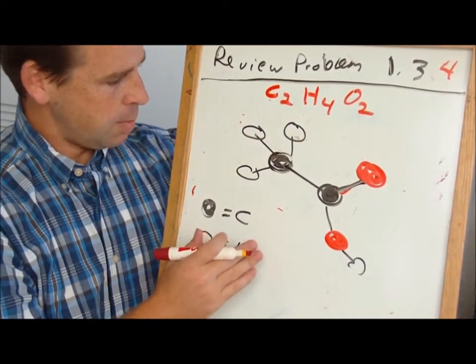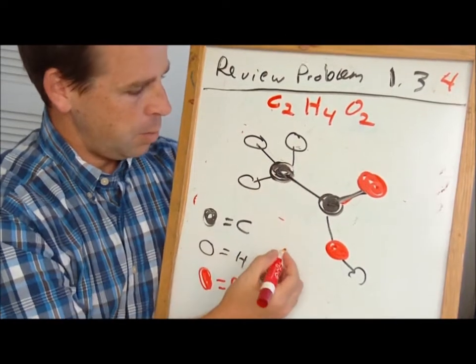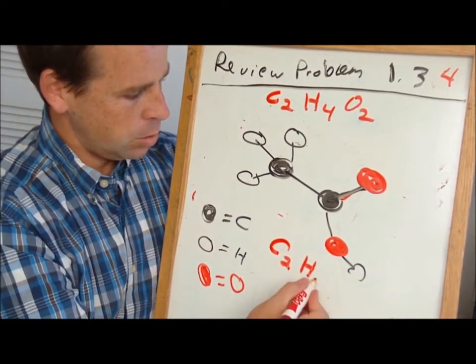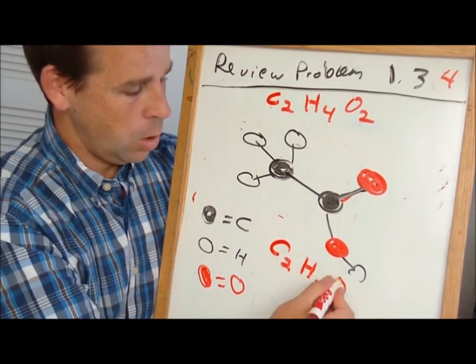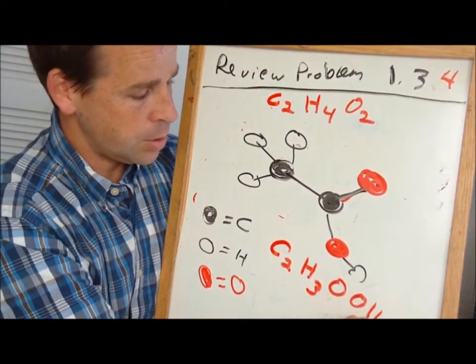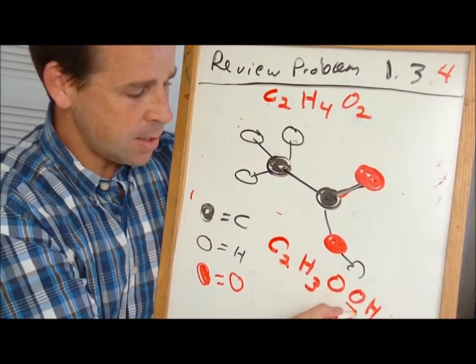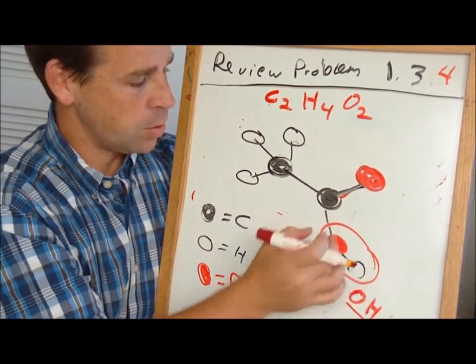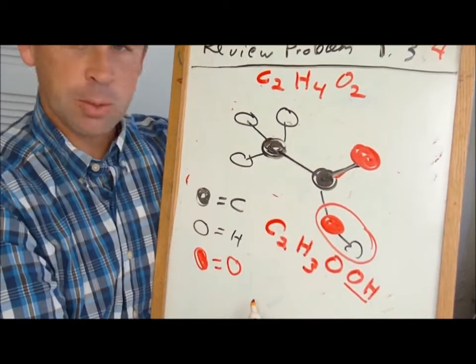Some other ways that this chemical formula might be written would be C2H3O OH. That would be emphasizing this OH group, reminding the person that there's this OH group coming off of one of the carbons.